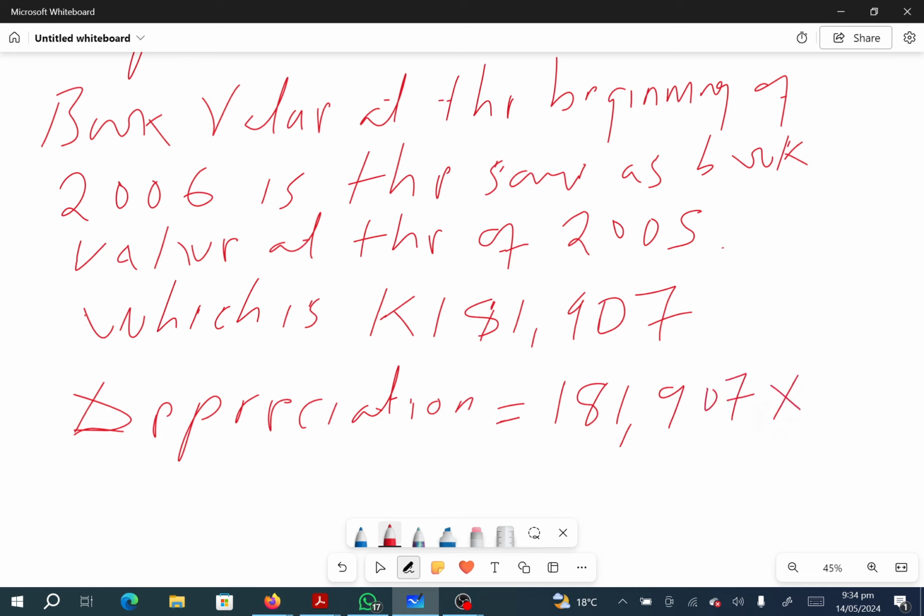Then we multiply by the rate. So the rate is 0.08.